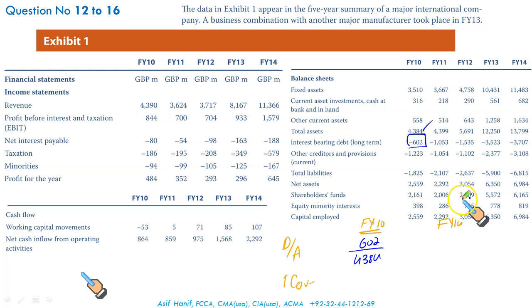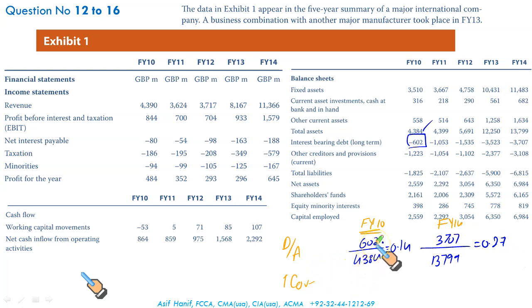What about FY14? In FY14, the debt has now risen to 3707 million. The total assets have gone up as well, 13799. This simplification will give you 0.14, and FY14 will give you 0.27.